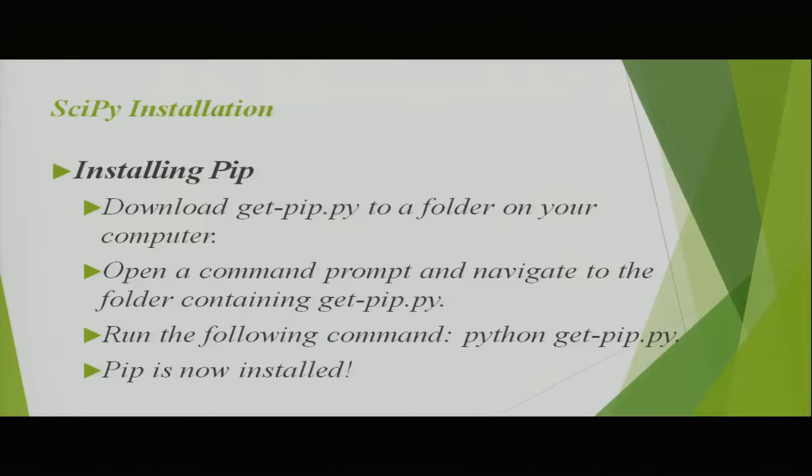So download getpip.py, navigate to that particular folder wherever you've downloaded it, and as simple as it gets, you just run the command python getpip.py, and that's it. pip is now installed. Half the job is done.